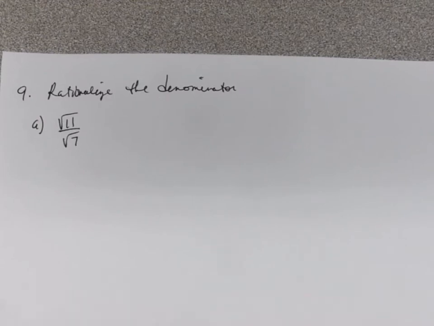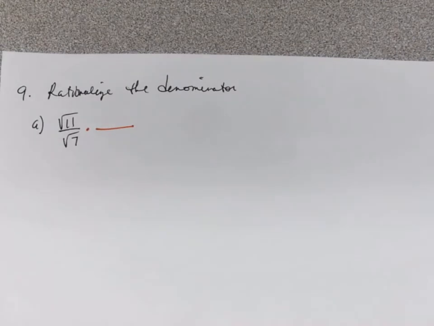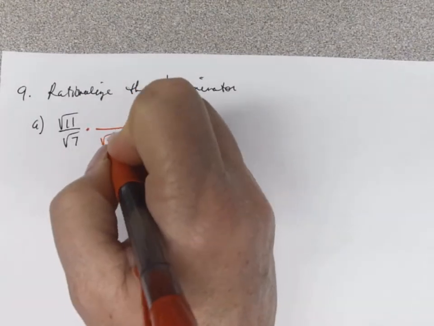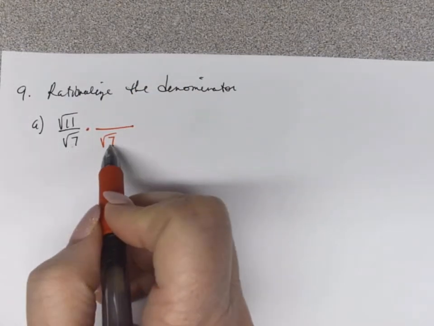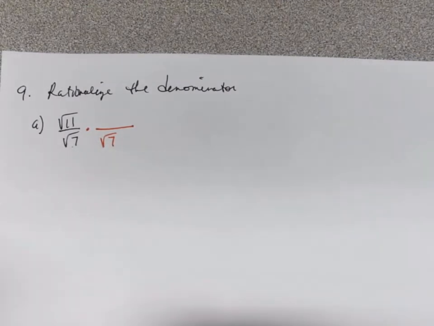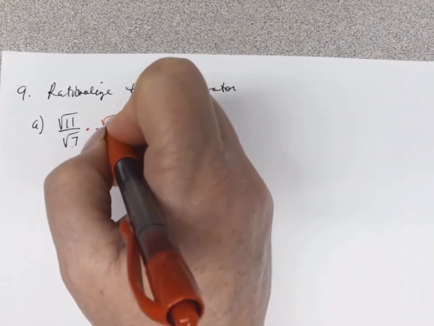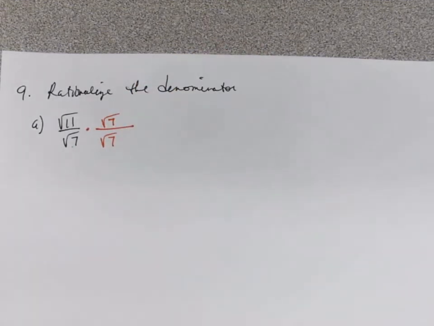So what I want to do then is multiply by 1, and that 1 will look like whatever I need. In this case, I need a square root of 7, so that I have square root of 7 times square root of 7 makes it a, the inside will be a squared number, so I can take the square root. And what I do to the bottom of our fraction, I do to the top.